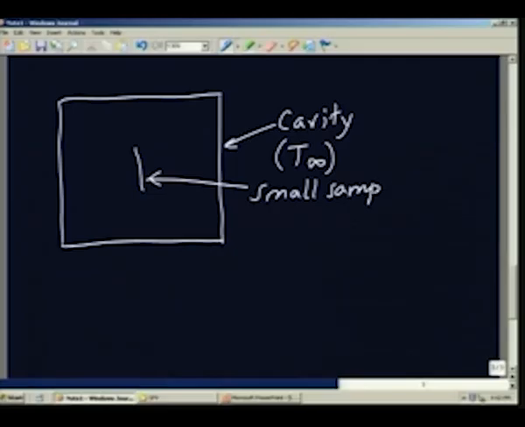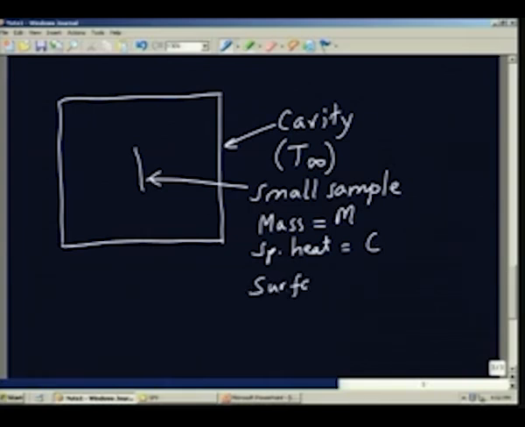This sample has a certain mass, a specific heat, we will call it C, and a surface area, we will call it S.